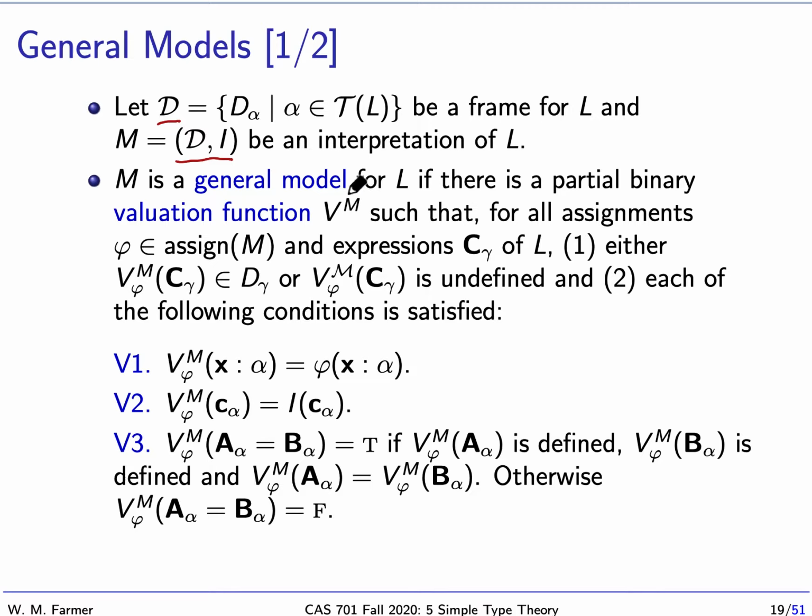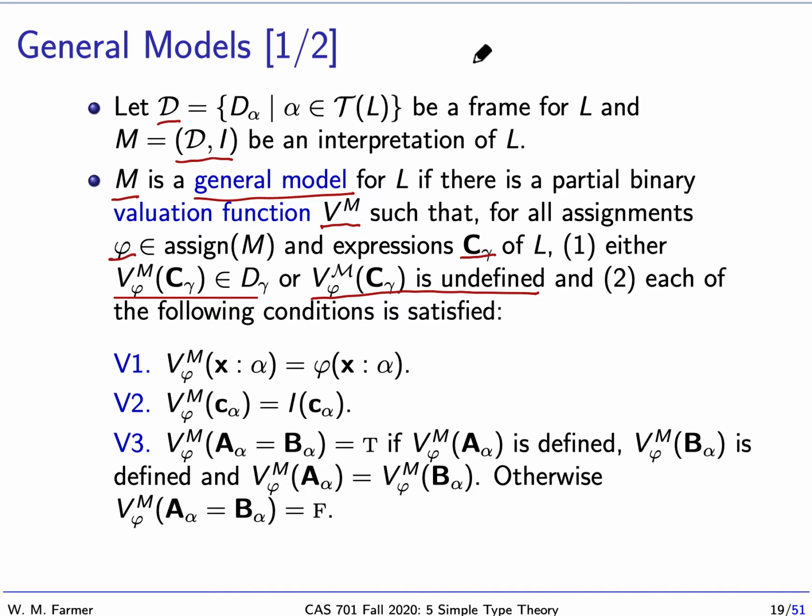We're going to say that M, this interpretation, is a general model if there is a partial binary valuation function, v superscript M, such that for all assignments phi and all expressions C of L, either the valuation function gives C a value in D sub gamma, where C is of type gamma, or it is undefined, it gives C no value whatsoever, and each of the following conditions is satisfied.